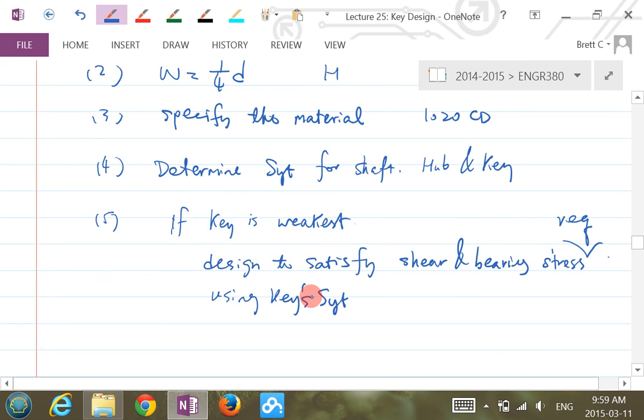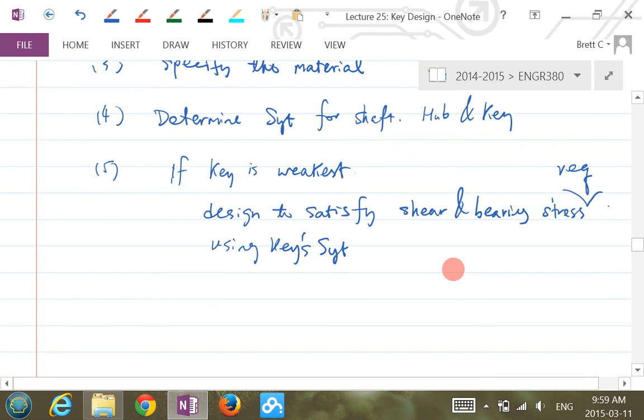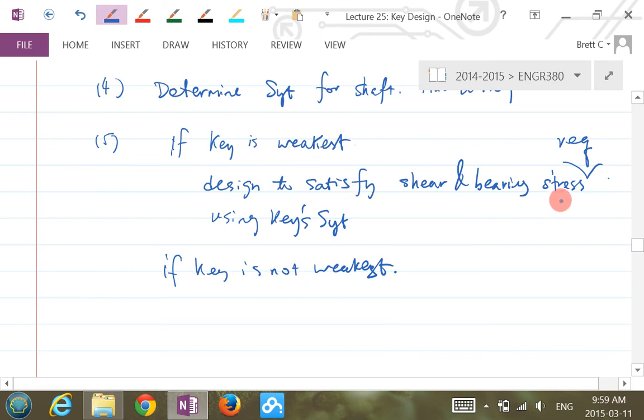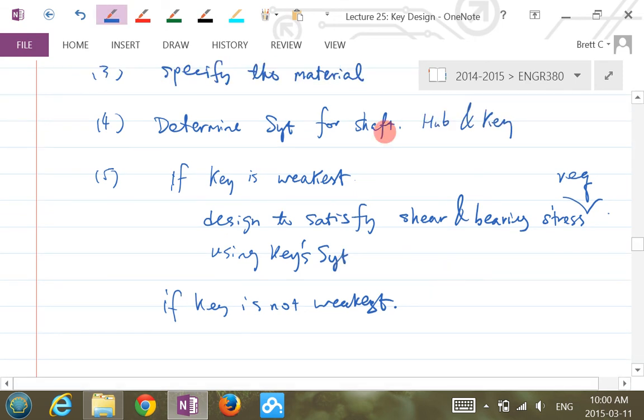But say, under some condition, you decided to pick a key material that is stronger than the shaft and the hub. If the key is not the weakest, then instead of using the key's SYT, you use whatever the smallest SYT is among the three materials.